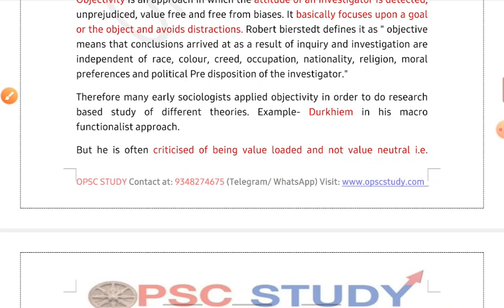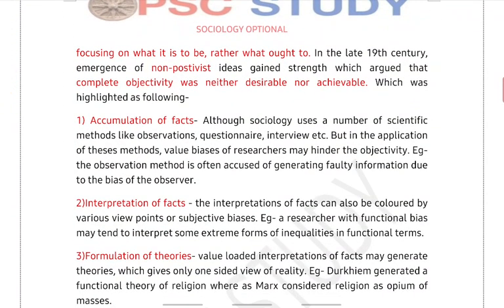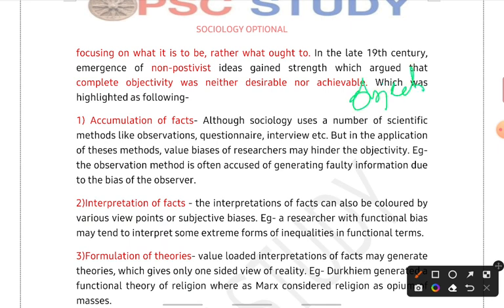But this objectivity theory has always been criticized. Why? Because it can be value loaded also. It is not necessary that a particular theory can be value neutral. Researchers can attach a value to it, and when the value comes, objectivity goes. We understood that.